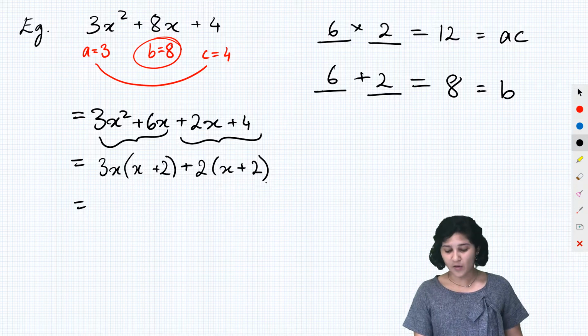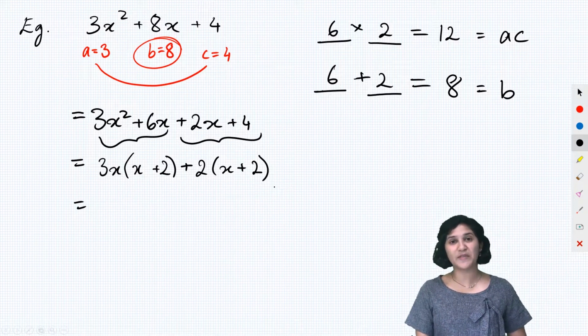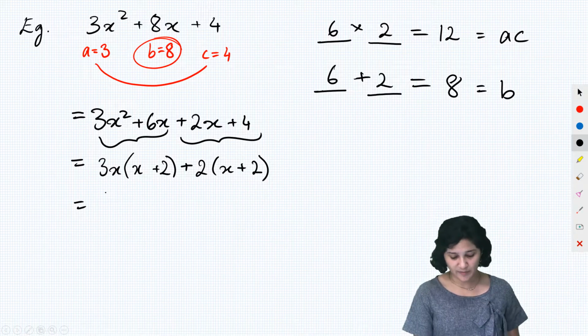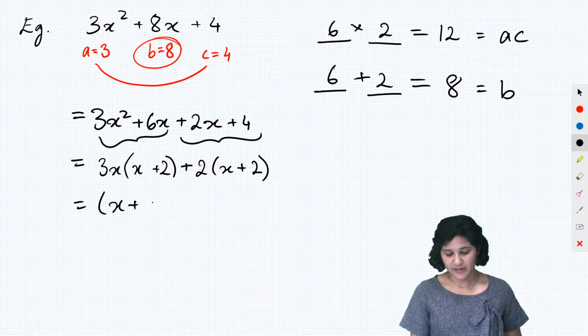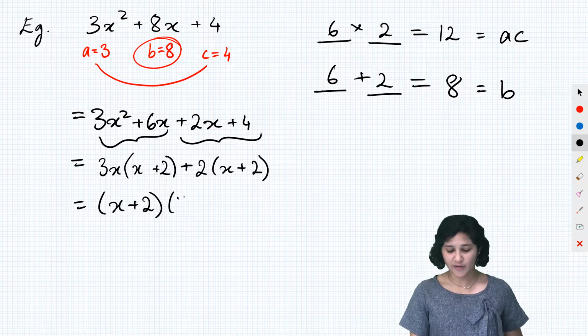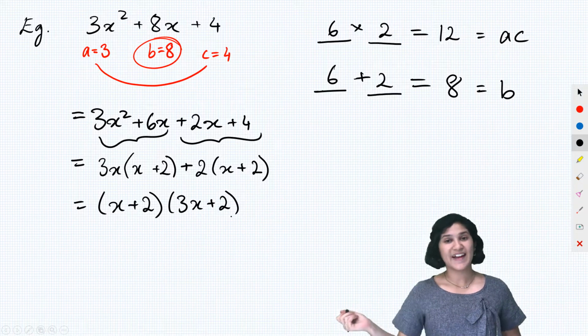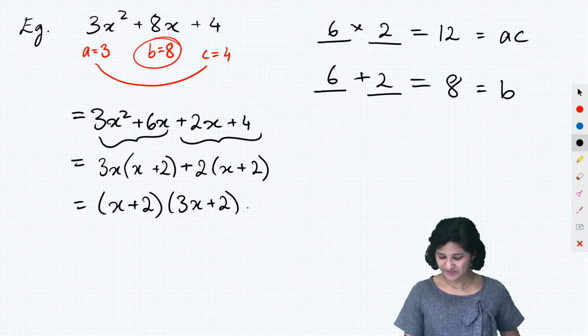So now I have two terms with a common factor of x plus 2. So the whole bracket can be the common factor. And then we go x plus 2 outside of 3x plus 2. And that's it, it's factorized.